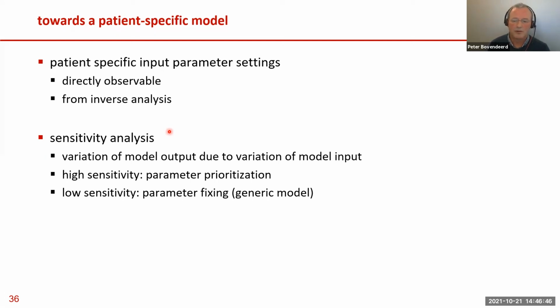So it's important to know which aspects of the model input are important for the model output. So we have to define model output. We will look at strain fields because they contain a lot of information on the state of the heart. And we are interested in which parameters are influential for the strain field.